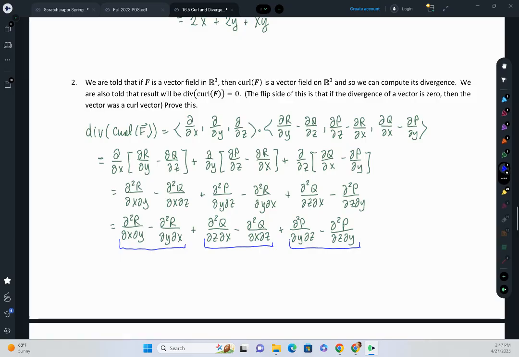What that means is that del squared r del x del y is equal to del squared r del y del x. The same is true with Q. We're just looking at different orders. With respect to del Z, del X is equal to with respect to del X, del Z. And similarly for the last one. This is all by Clairaut's theorem.